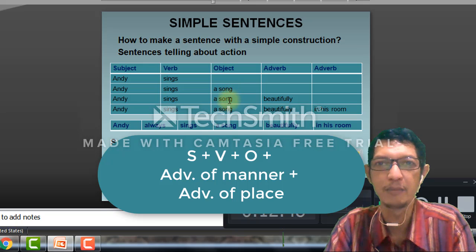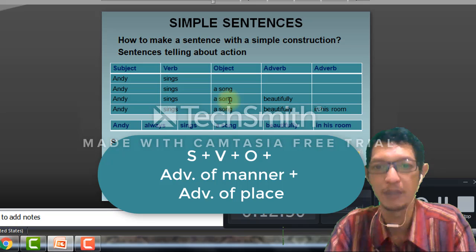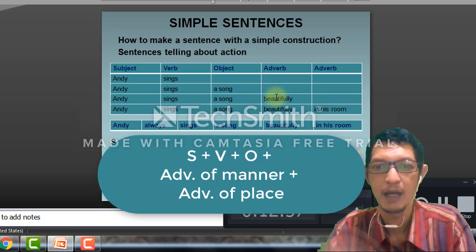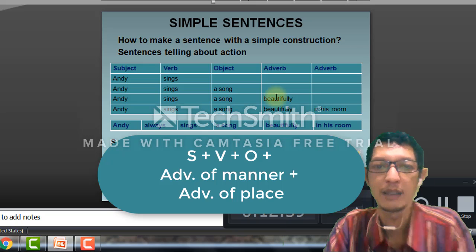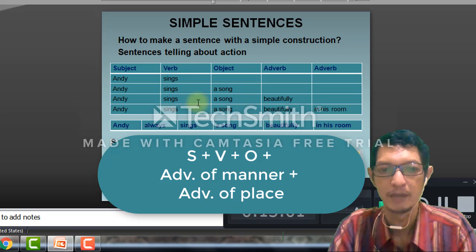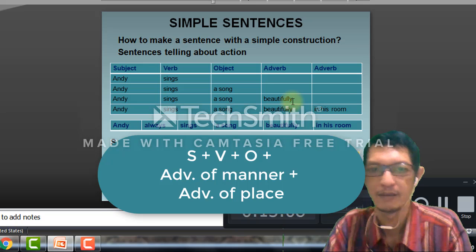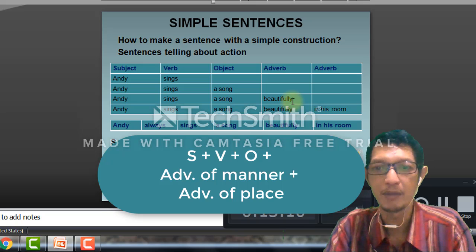If you think that you need more words to make it more complete, you can add one more word by giving an adverb. How does he sing? So Andy sings a song beautifully. You want to make it more complete?